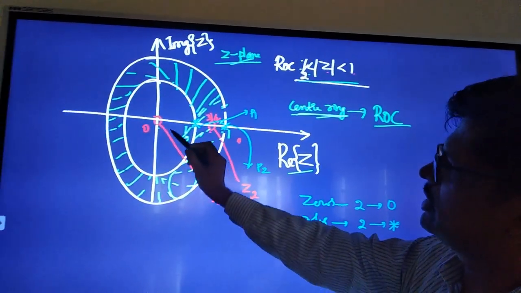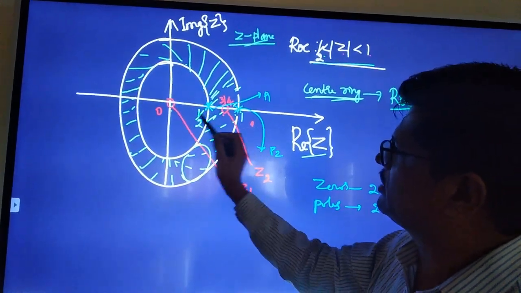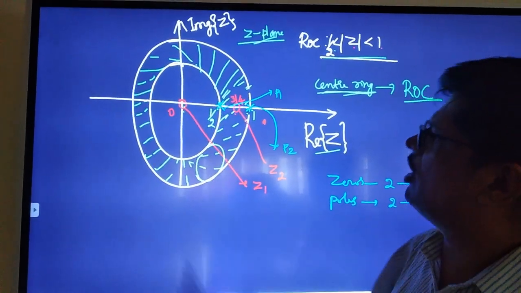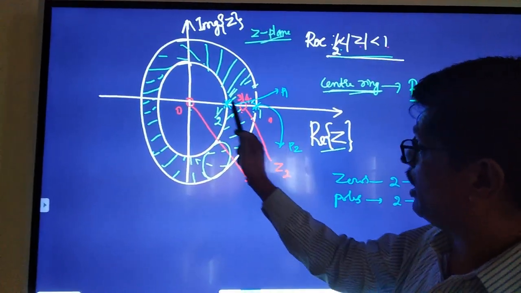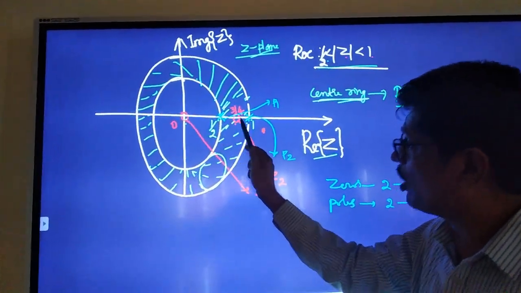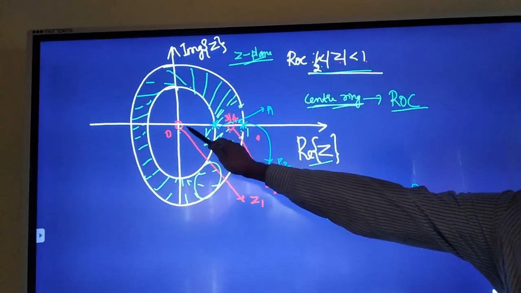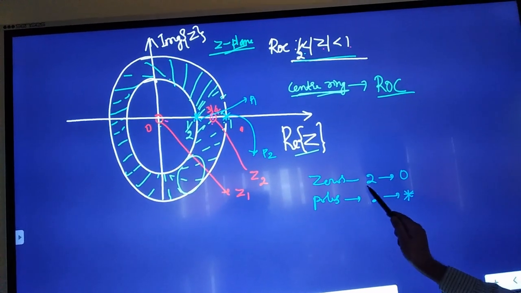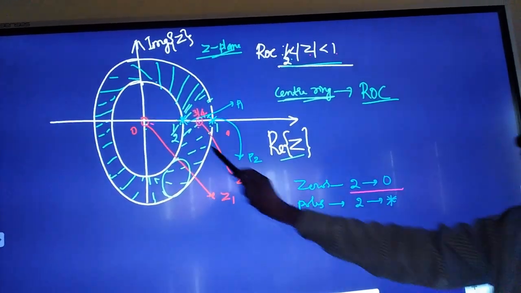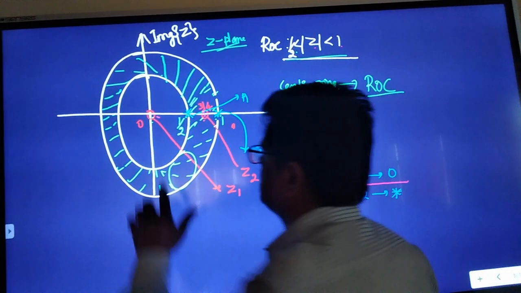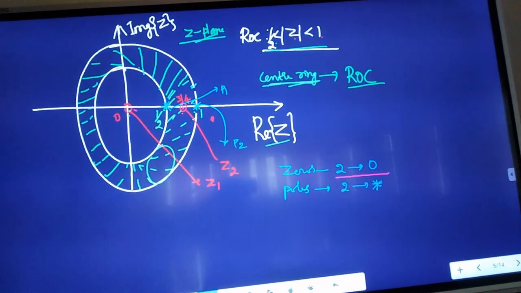For example, two zeros. Zeros are represented by zeros only. See this, one zero at 0, and on the axis at 3 by 4, one more zero I have written. On this Z plane axis, I am having two zeros represented by zeros only: one zero at 0, other zero at 3 by 4.